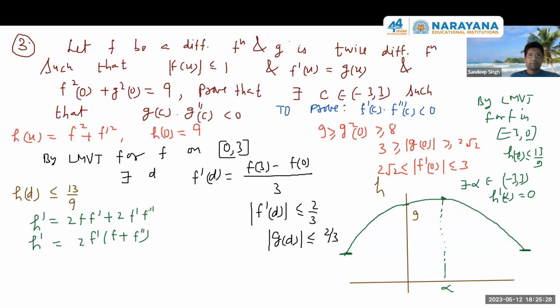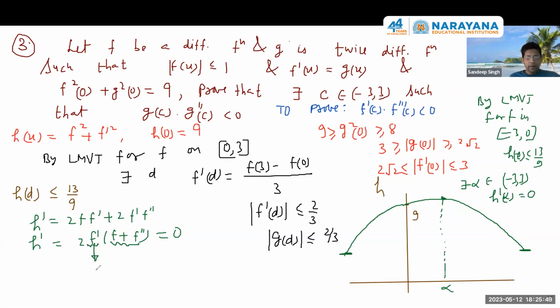Now listen very carefully. If I put h dash equal to 0, then there are two possibilities, because if it is a point of maxima, h dash must be 0 at alpha. So either f plus f double dash is 0 or f dash is 0.